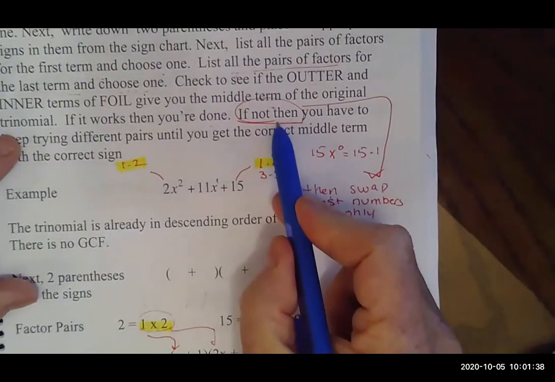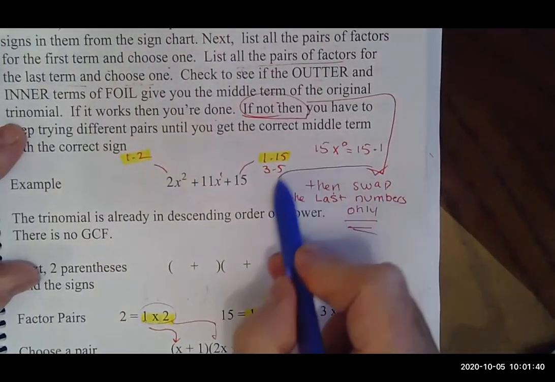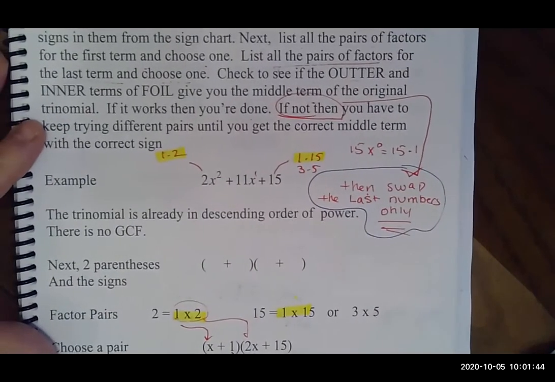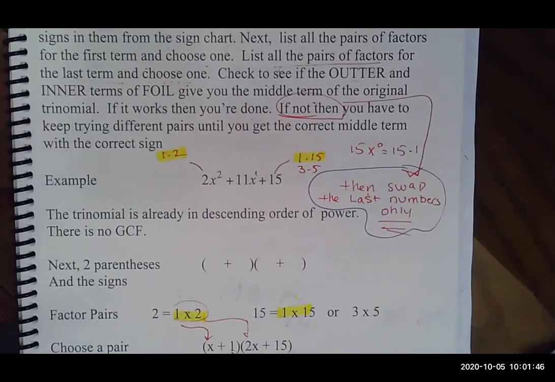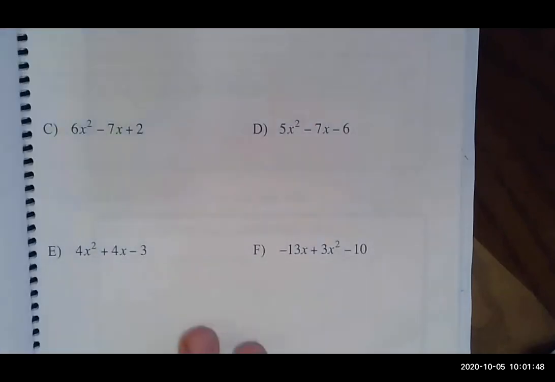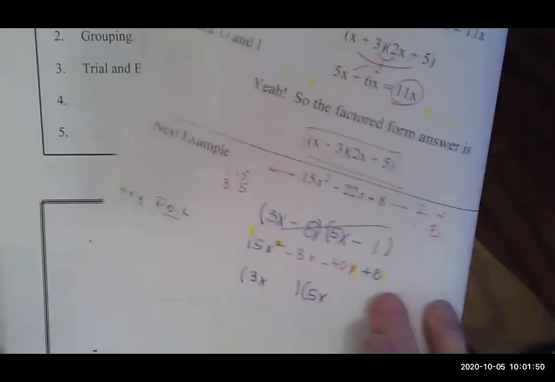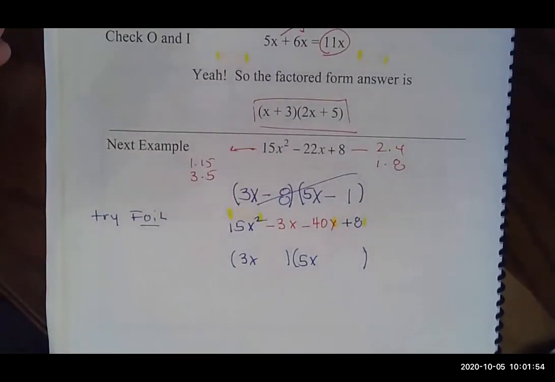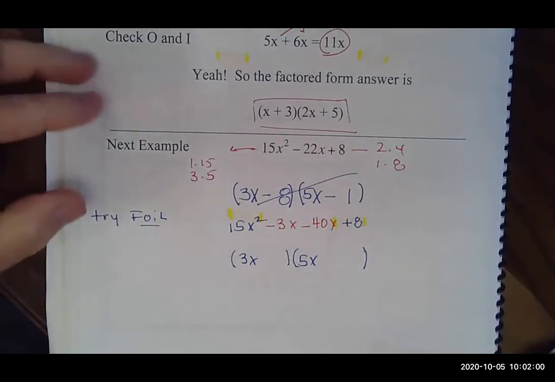So I said, if it doesn't work, then swap the numbers before you do different pairs. Swap the back numbers before you try it, because otherwise it's like trying to keep track of all the different combinations. You might lose track. You might not even like this method, and that's fine too.